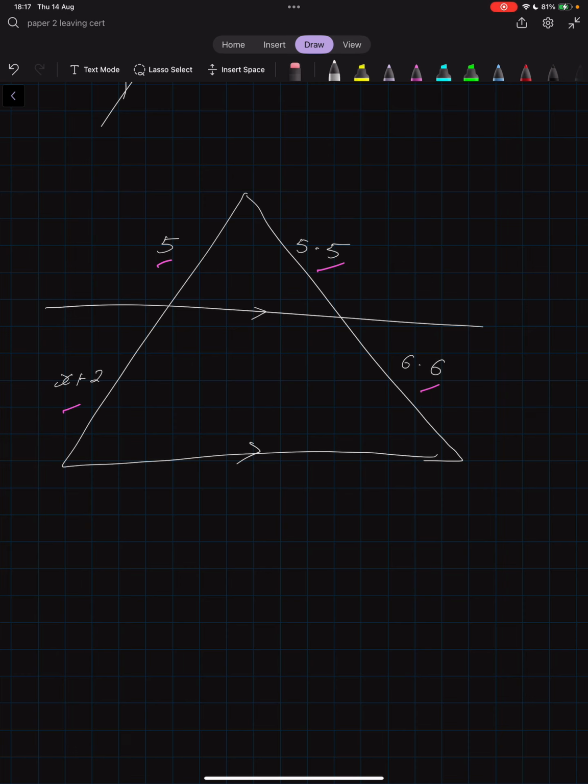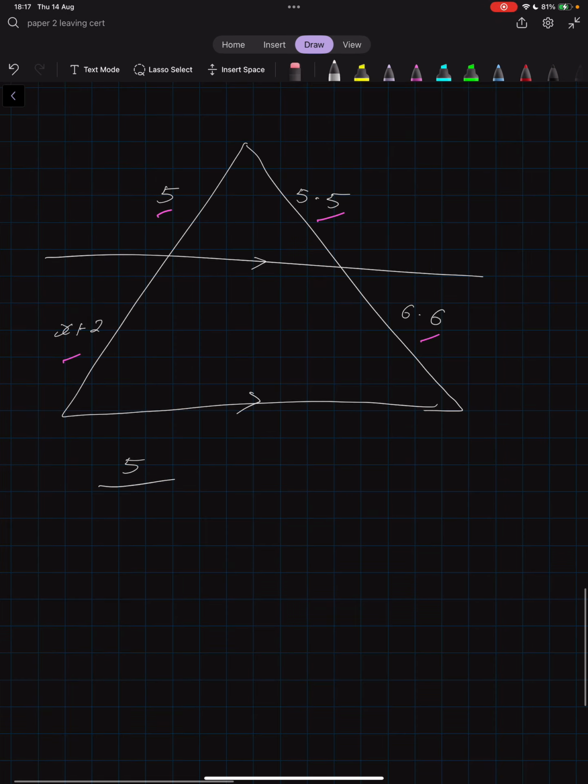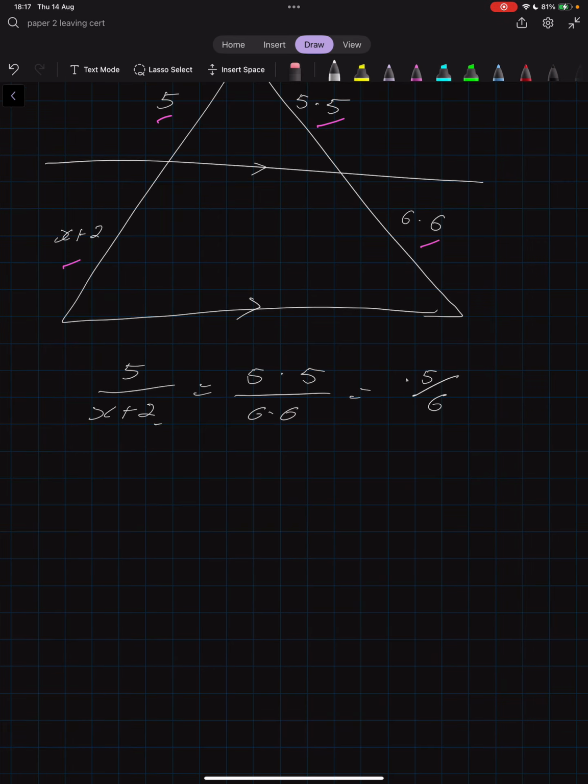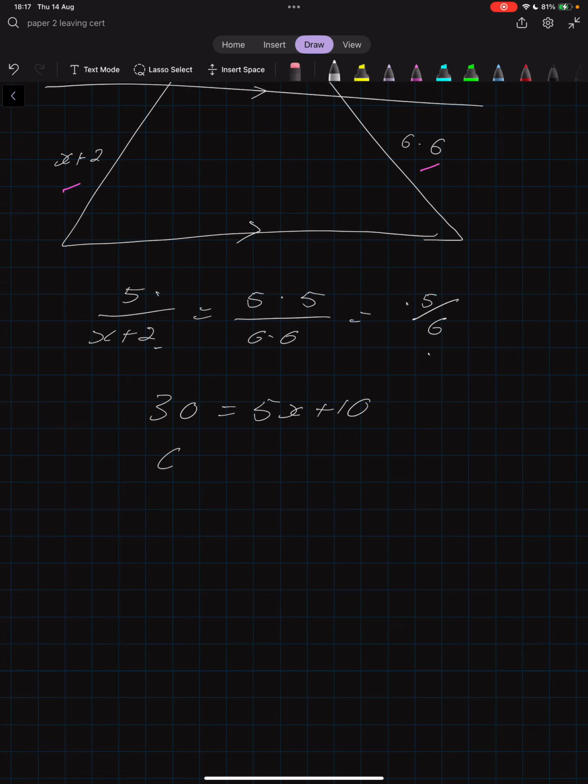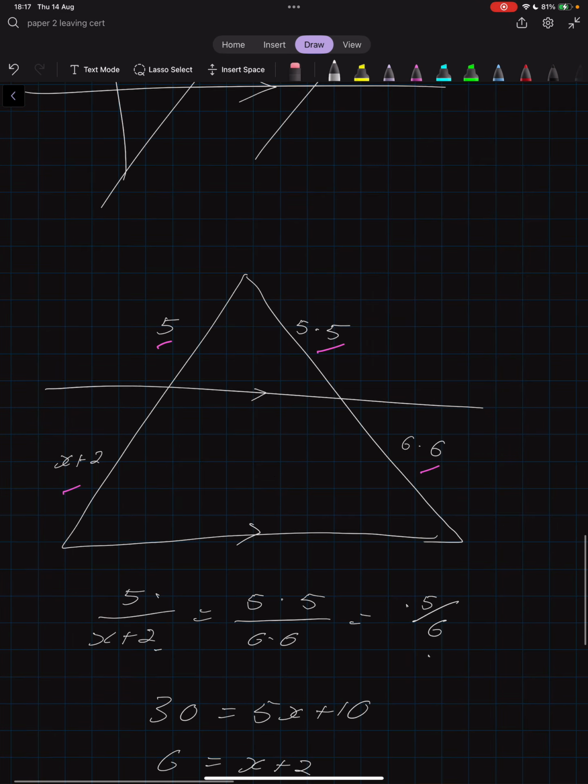So 5 divided by x plus 2 has to be equal to 5.5 divided by 6.6. That's just going to be 5 over 6. If I cross multiply, I get 30 is going to be 5x plus 10. Divide both sides by 5, I get 6 equals x plus 2. So x is going to be 4. So yeah, as long as you divide, you're safe.